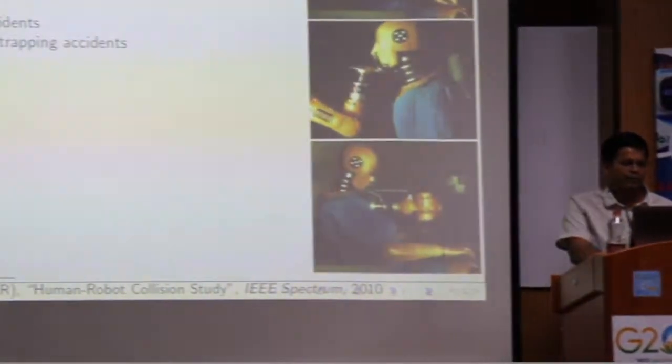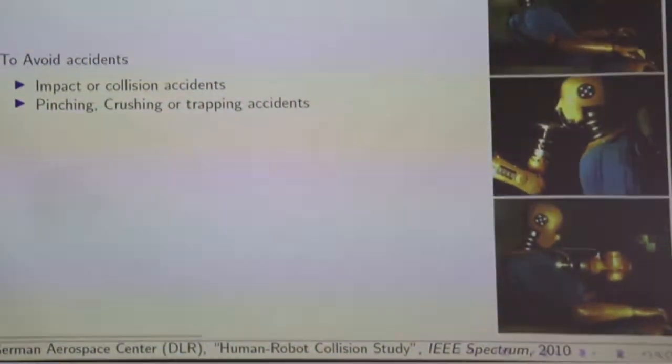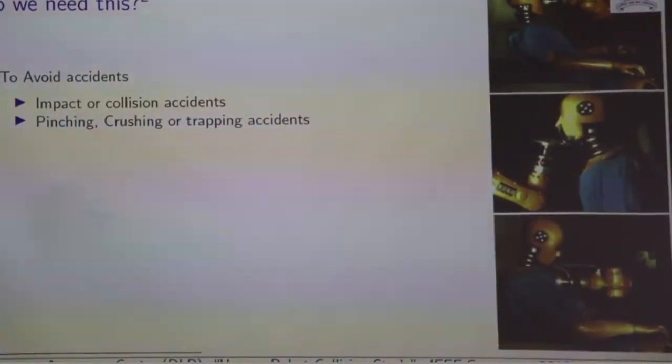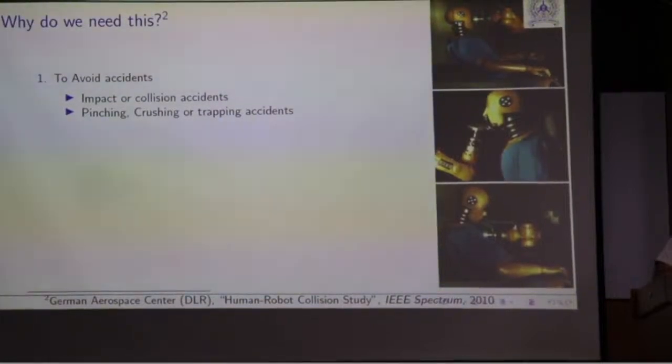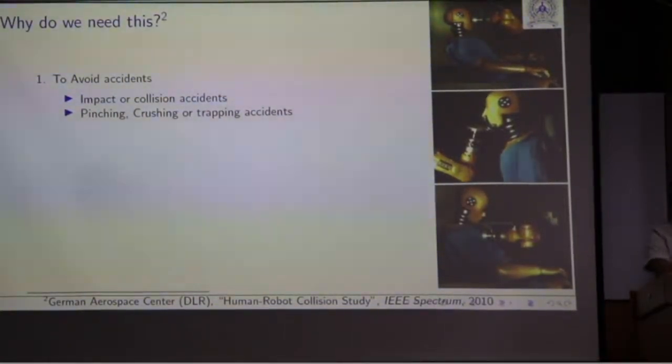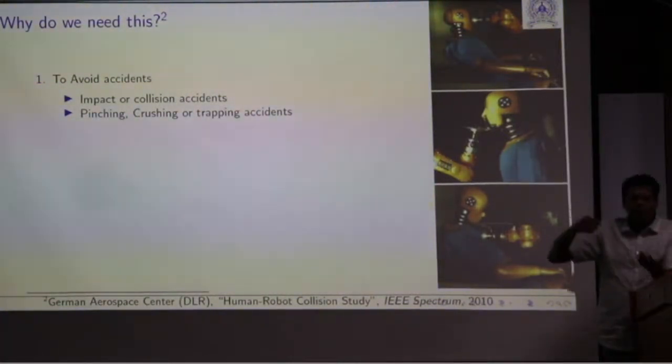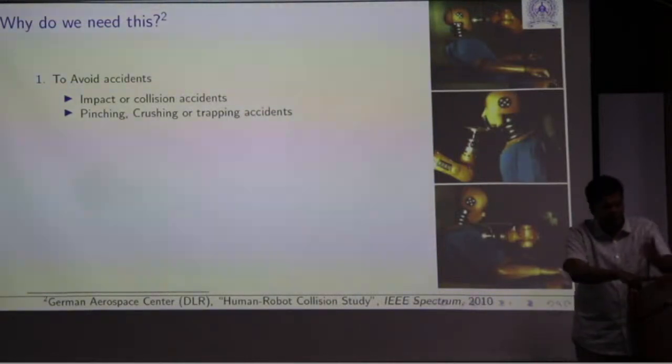Yes, accidents do happen. The kind of accidents which predominantly happen on the shop floor is impact, direct impact. बहुत dangerous है. They will simply kill you. No way out. Okay, and pinching. Sometimes pinching means your finger may get trapped in between the object and the robot itself.